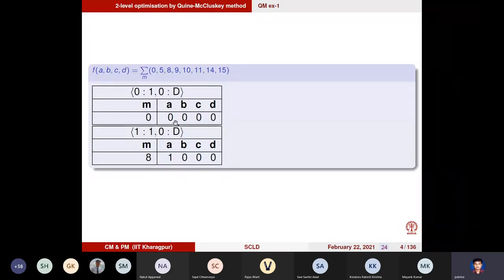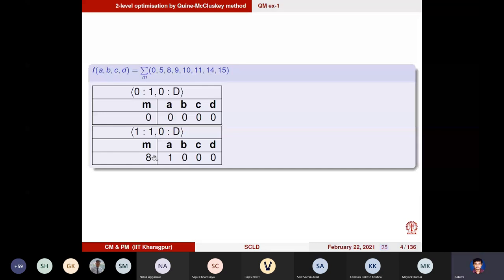Basically I am writing the binary representation of these minterm numbers in the places a, b, c, and d, and I group the minterms according to the number of ones they contain. This is minterm 0, and this is minterm 8. I have put them in 2 groups because the first one's index is 0 because it has no ones. The second one's index is 1 because it has 1.